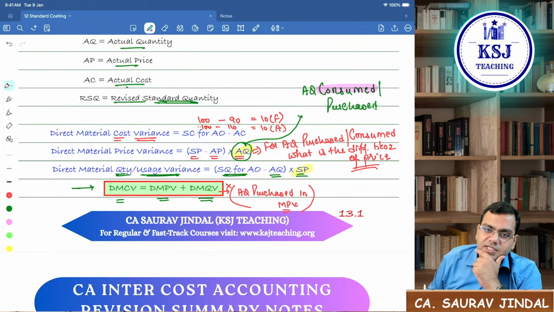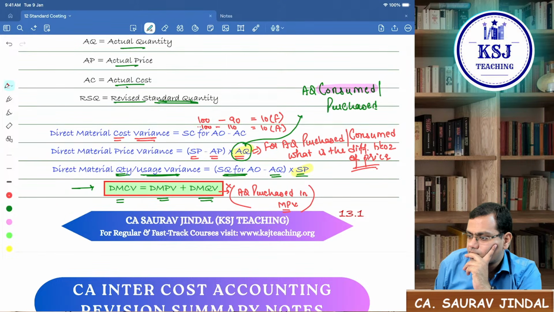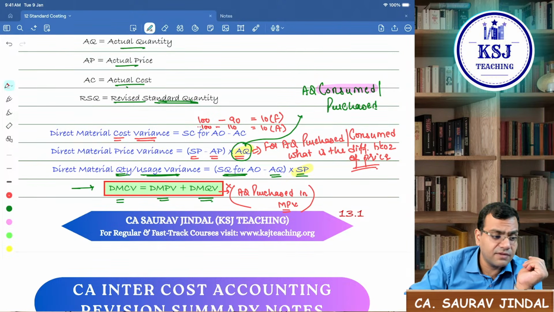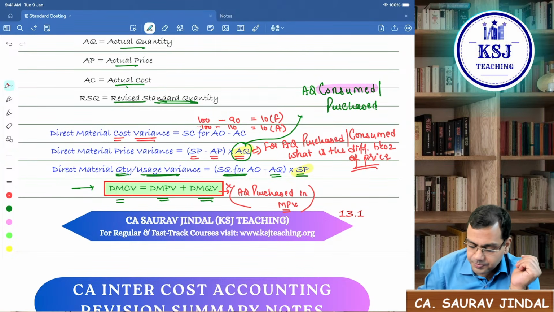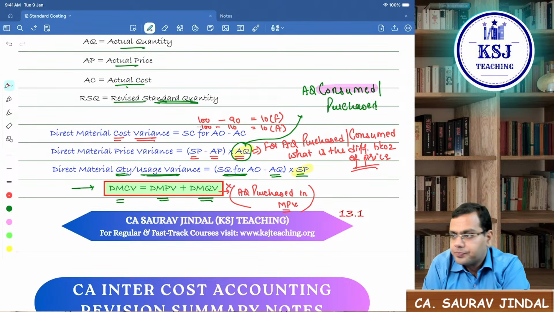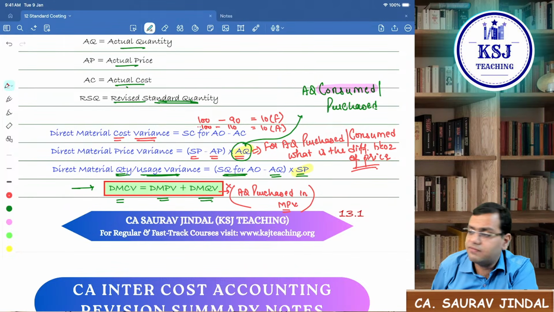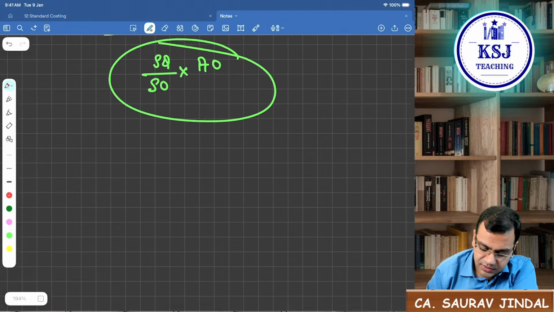We have two more variances in this, the sub variances. So now in the quantity variance, I have two sub-variances.